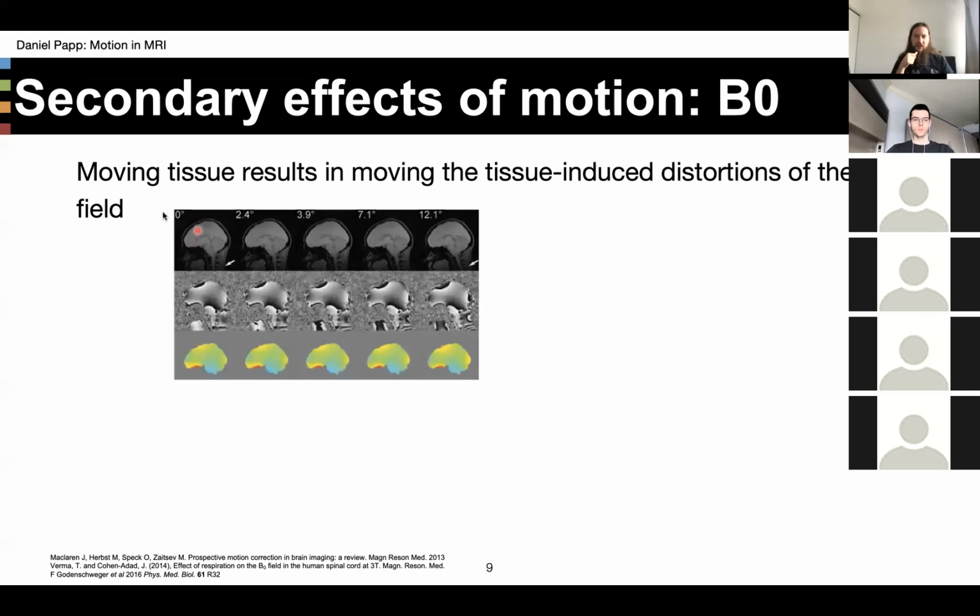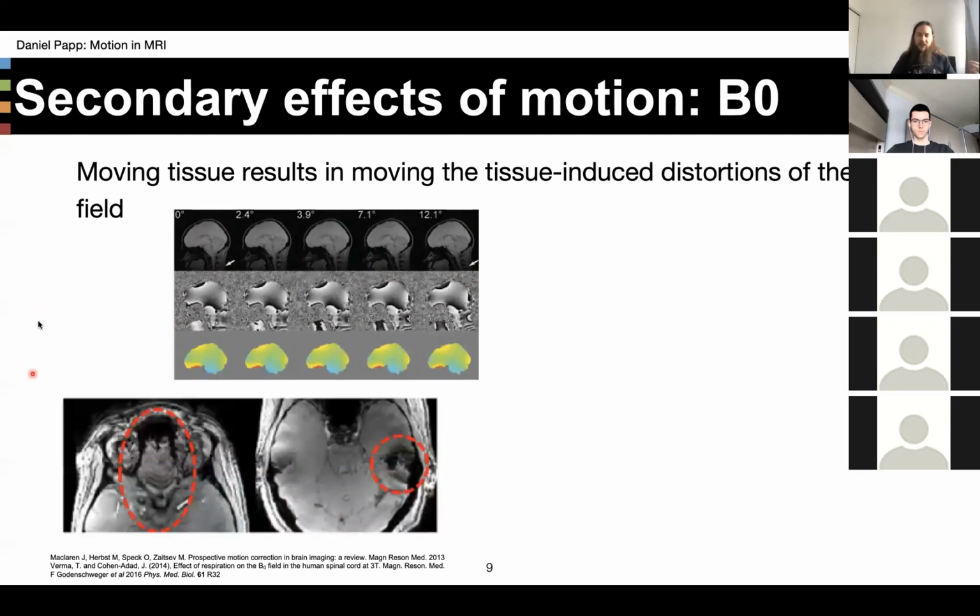And you can see that if there's motion, in this case nodding, then the resulting fields are different. I hope this comes across well on your screen, but this distortion here is different from this distortion here. This distortion here is different from this distortion, etc., etc.